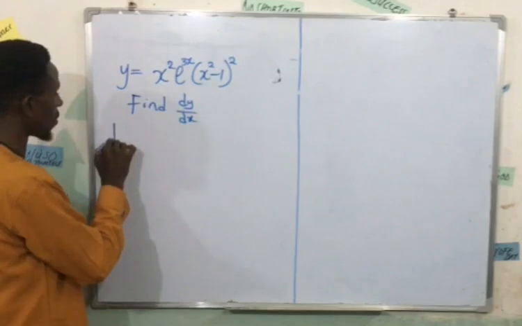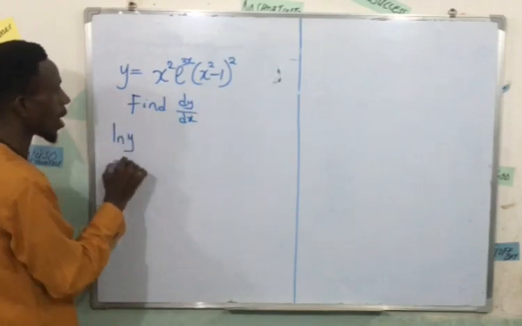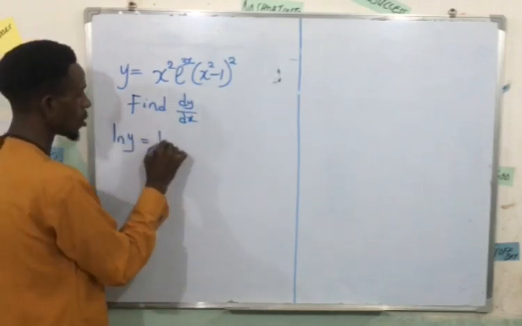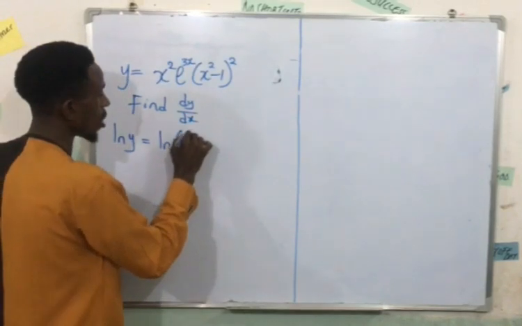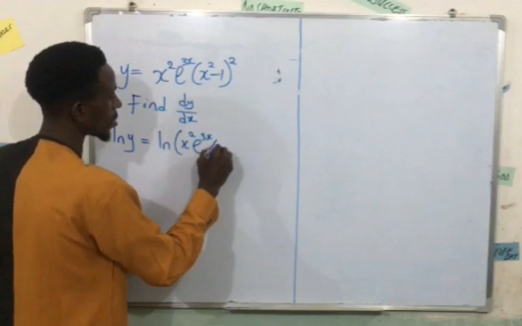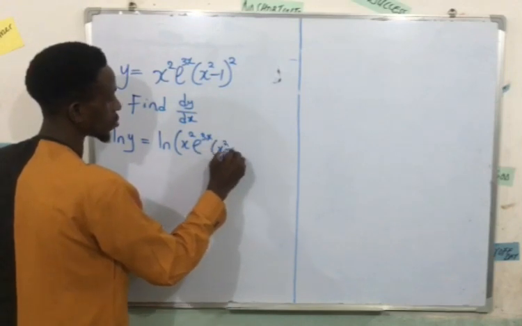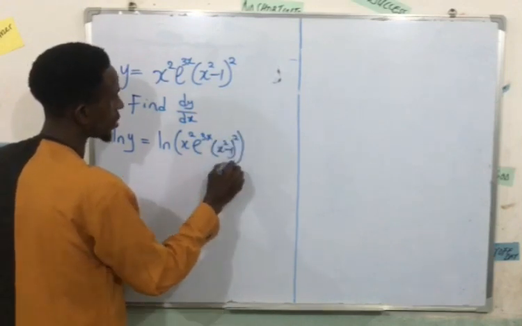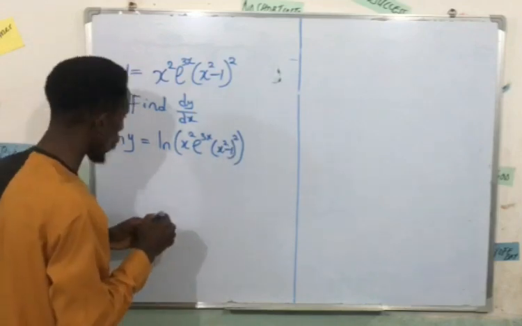So I'm going to have ln y is equal to ln of x squared times e to the power 3x times (x squared minus 1) all squared.